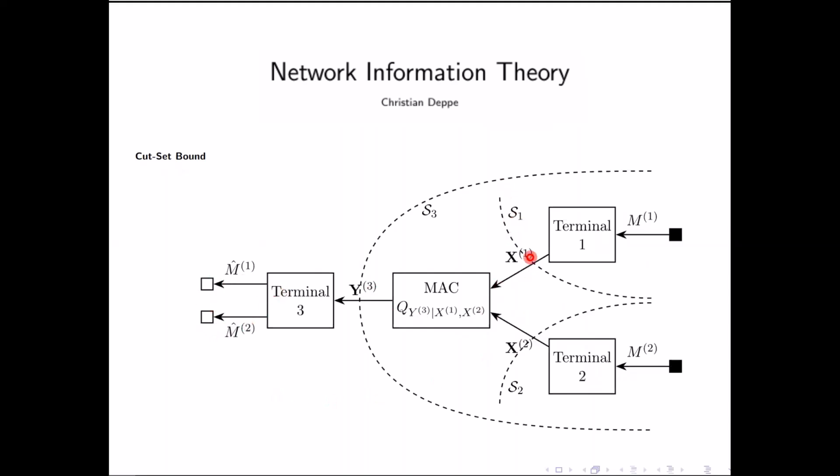What did we do there? We make a cut here to get an estimate of rates R1 and R2, and then we make a cut here to estimate R1 plus R2. So we leave out the common message, as you recognized.